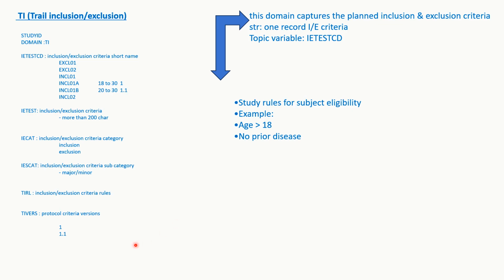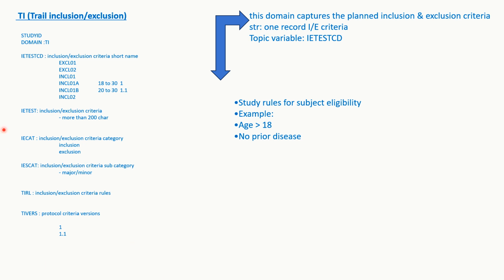Next domain, TI domain. TI is nothing but trial inclusion exclusion criteria domain. This domain captures the planned inclusion and exclusion criteria. Both details will be captured in TI domain. The topic variable will be IE test code, and the structure is one record per inclusion exclusion criterion.